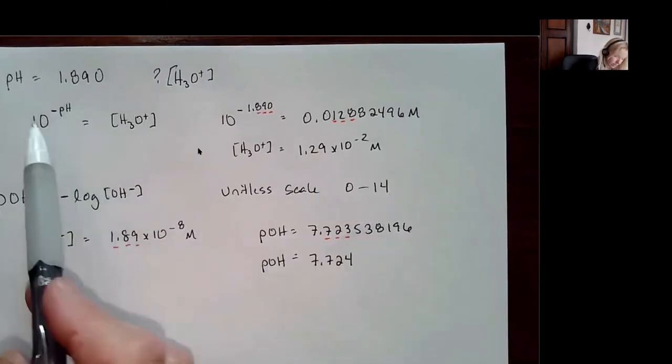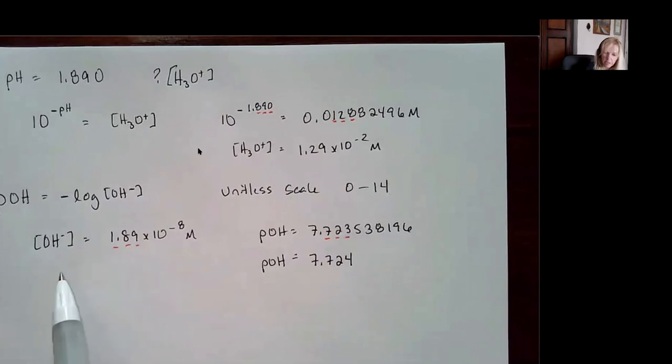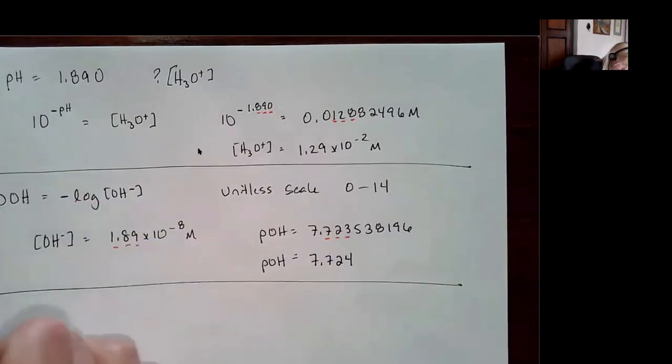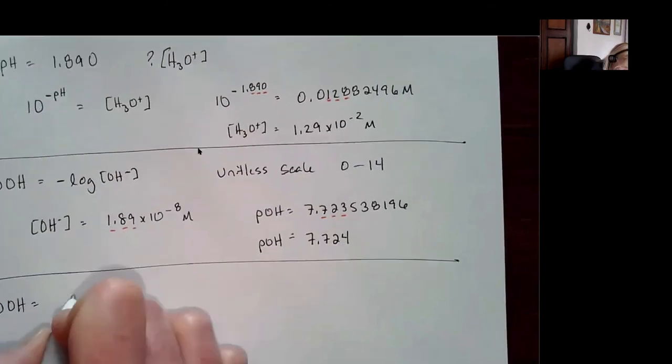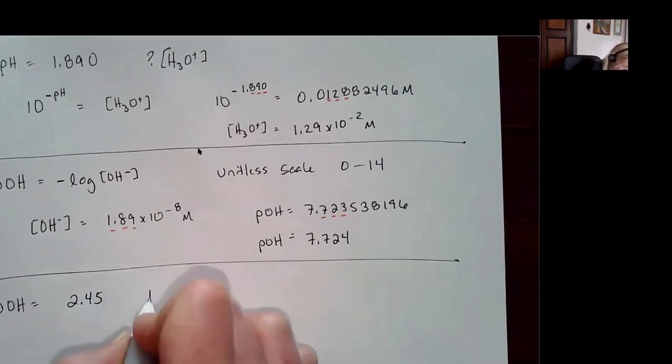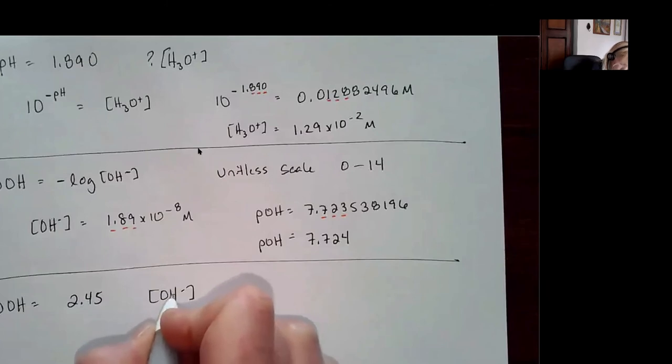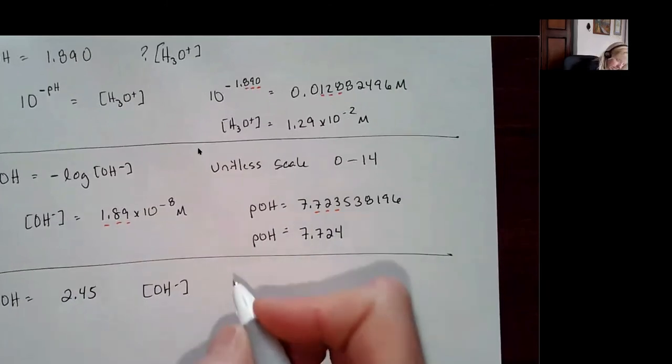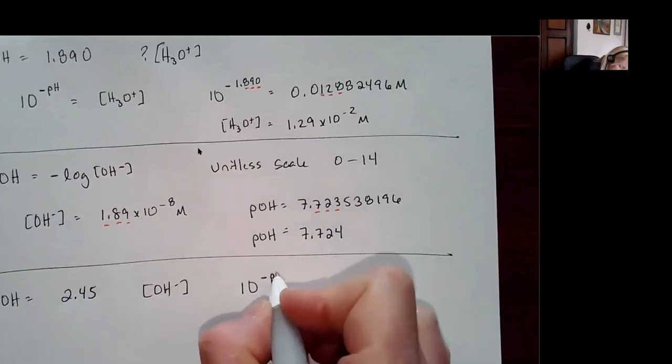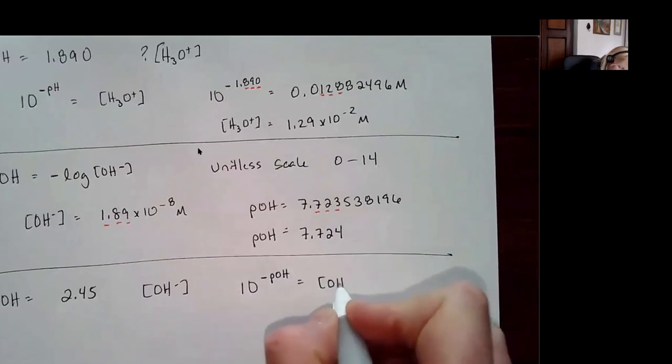If I'm given pOH, I can get to hydroxide ion concentration. So let's say I have a pOH equal to 2.45, and I want to know what my hydroxide ion concentration is. I'm just going to take 10 to the minus pOH, which gives me OH minus.